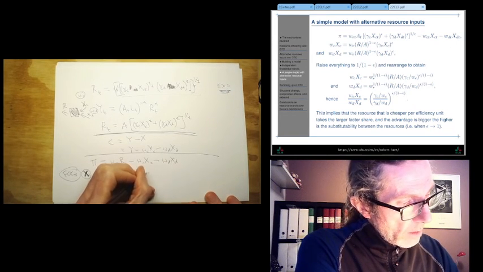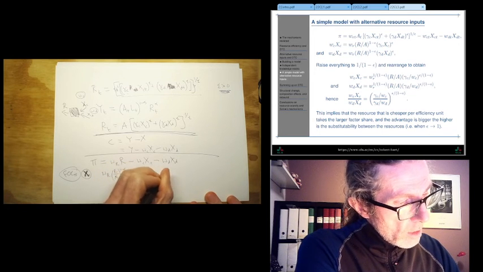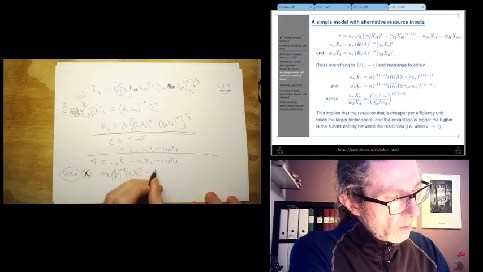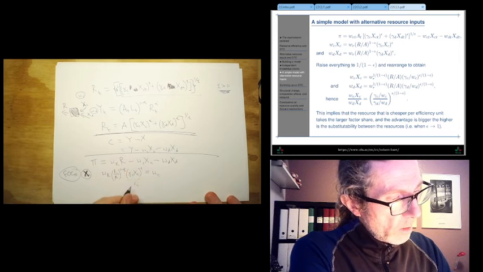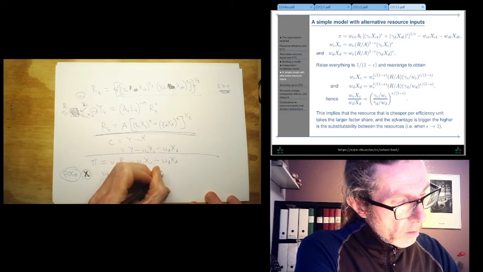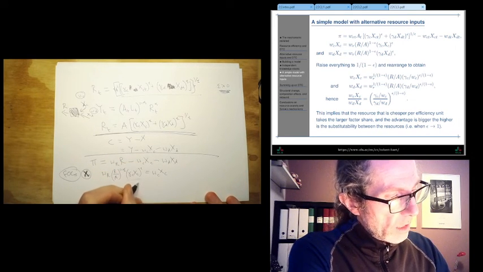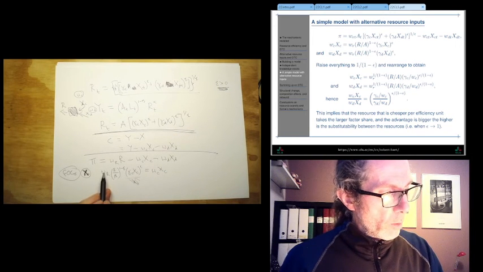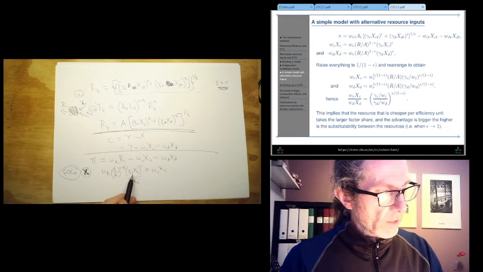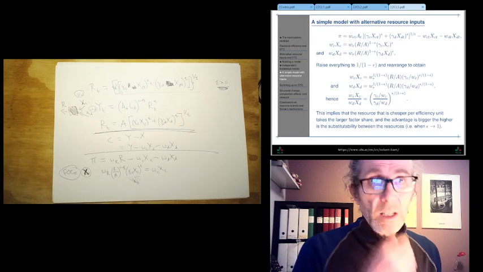So we can take that over and say equals wc, and we end up with WR, R over A to the 1 minus epsilon, gamma C xc to the epsilon equals wc xc.